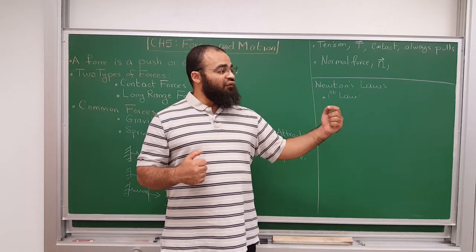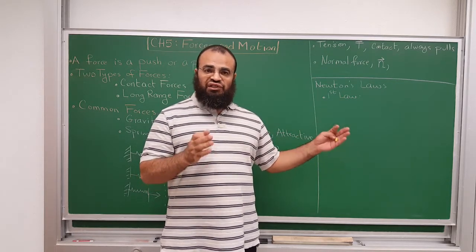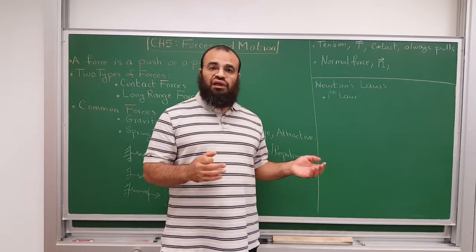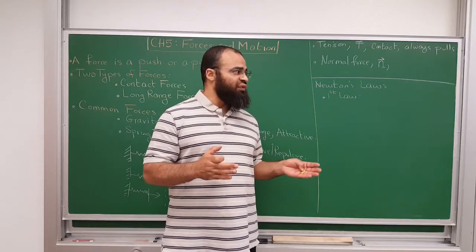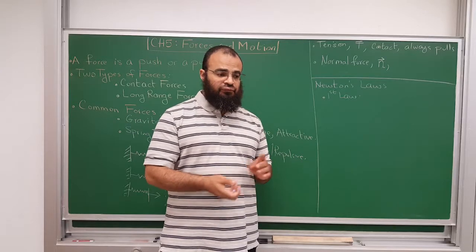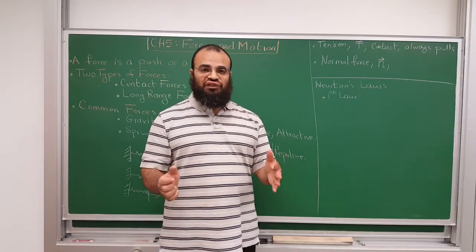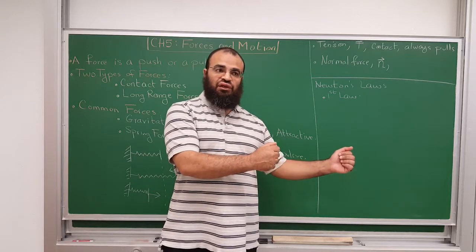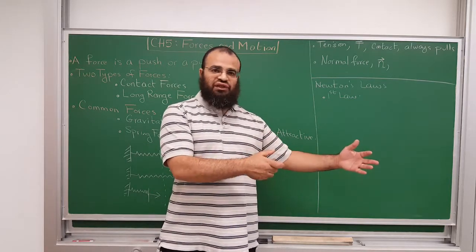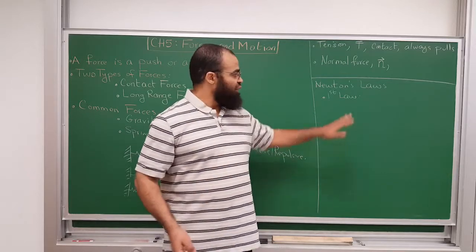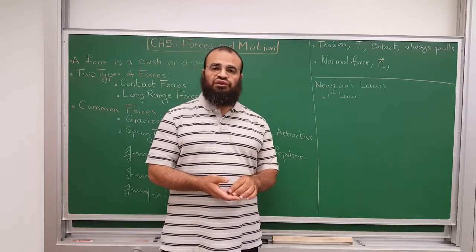So if the velocity of an object is constant, meaning it's either at rest or it's moving at constant speed in a straight line, then the force is 0. So you can figure out if the force is 0, the velocity is constant, or the other way also. So that's Newton's first law.